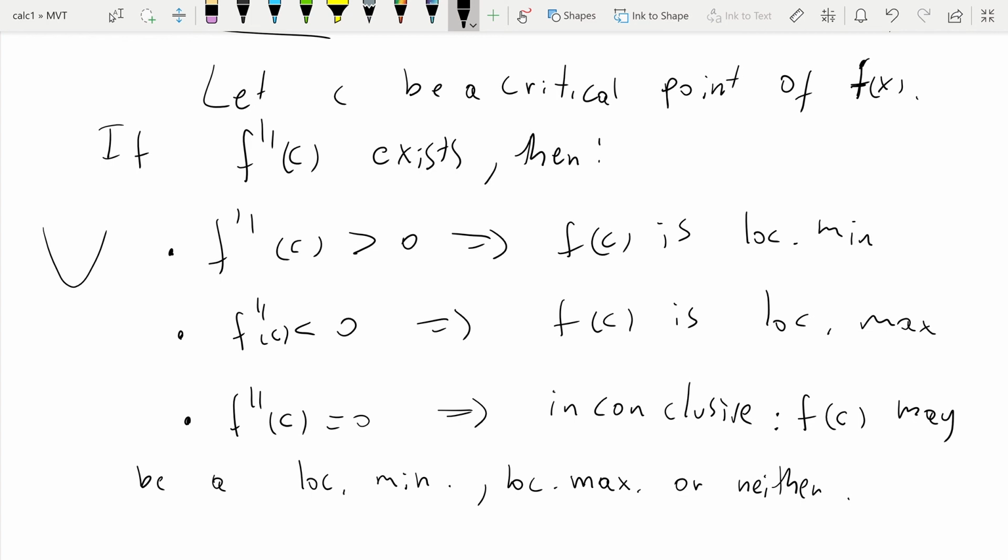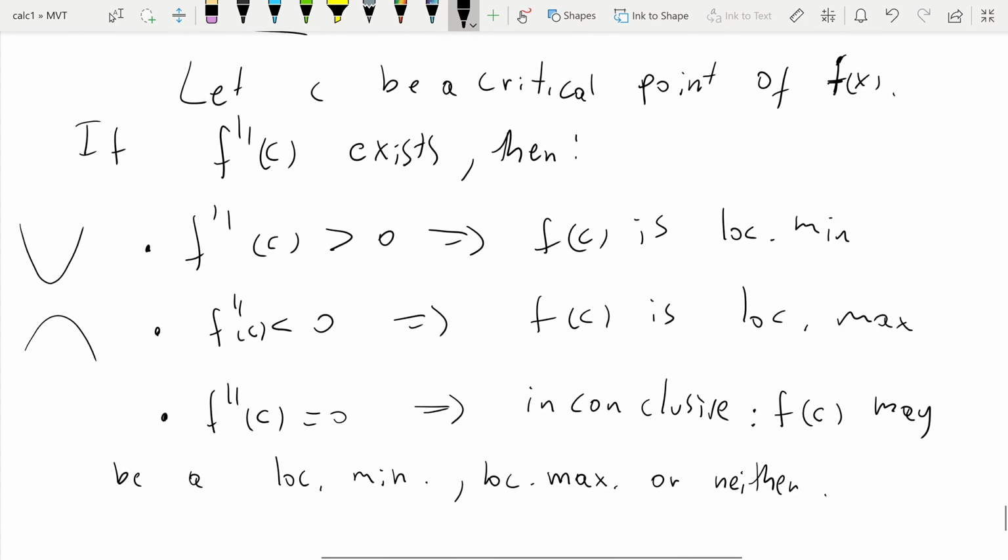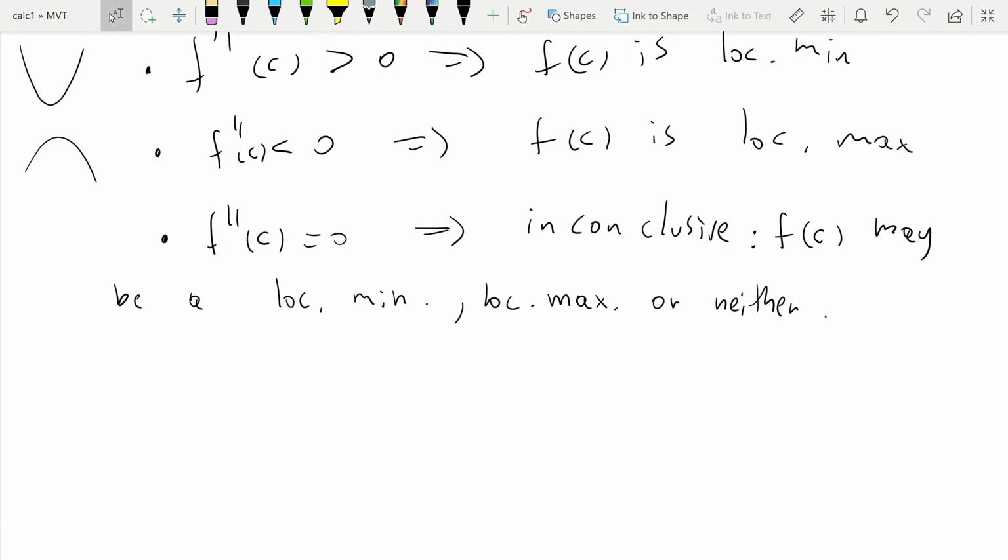If the second derivative is negative, then the function is concave down. So this is a local max. And if f double prime is equal to 0, we cannot really tell whether f is local min, max, or neither. It suffices to look at the examples of x cubed and x to the fourth.